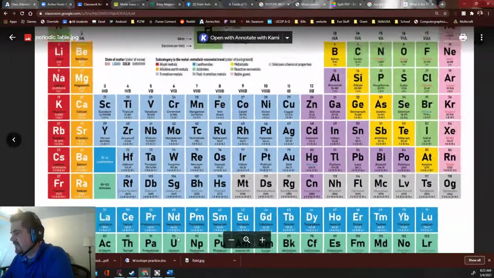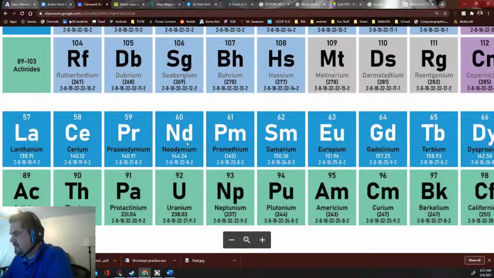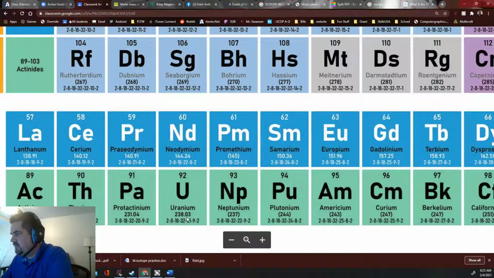For example, if you go to uranium, way down here on the bottom, number 92, 238.03. So the most common isotope is 238, actually. But there are 239s obviously, because it's higher. Just to let you know, there are 235s as well, and that's the one they make nuclear bombs out of. It's very hard to find those, and that's why it's so hard to make a nuclear bomb.